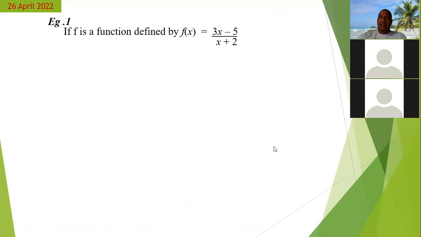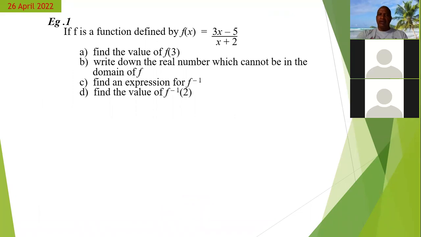All right. Now here we have a function and we have to find the inverse function of this, and we're doing the same principles. It asks you to do a number of things.